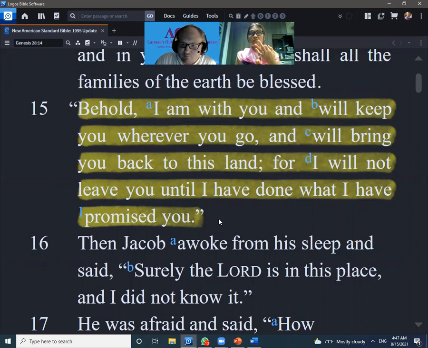Yes, it's the same promise that God gave to Abraham, in more detail. The descendant is Isaac and his clan, and then Jacob and his clan, from the beginning down to now.